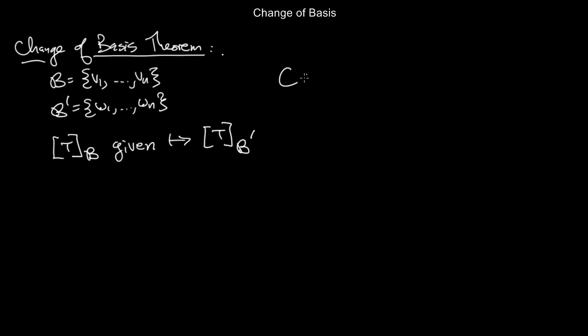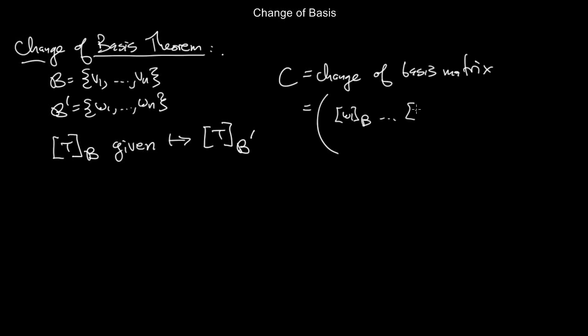What I do is I write down this matrix C. And C stands for the change of basis matrix. And what it is, you take the new vectors and you write them in terms of the original basis, and you make them the columns of a matrix.